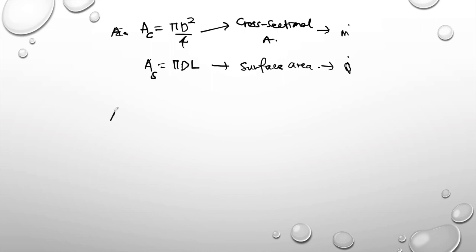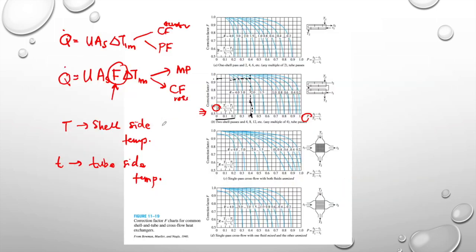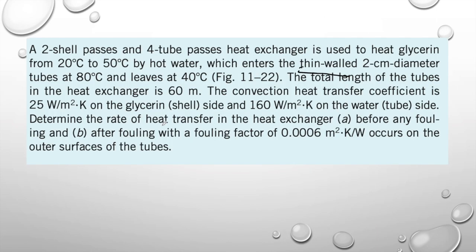So AS is equal to pi times the diameter of this tube. Since this is thin wall, you will plug in the value of the 2 centimeter diameter.